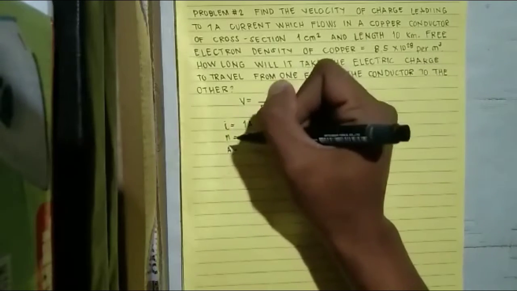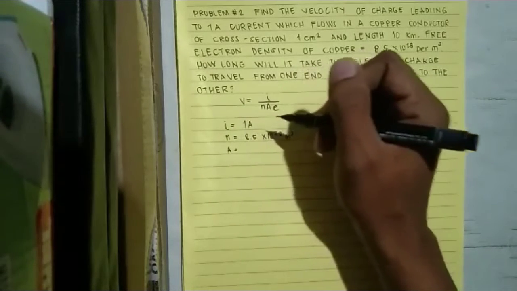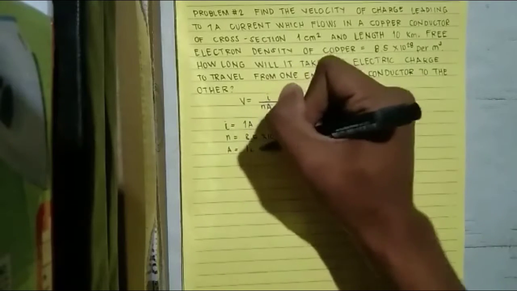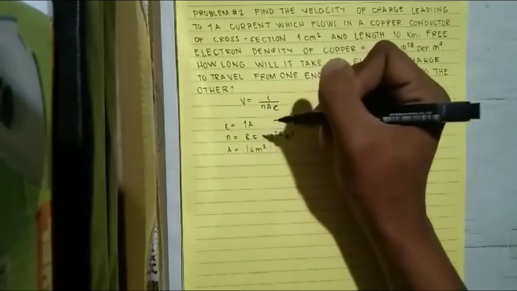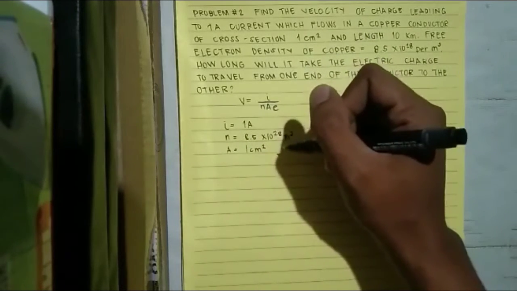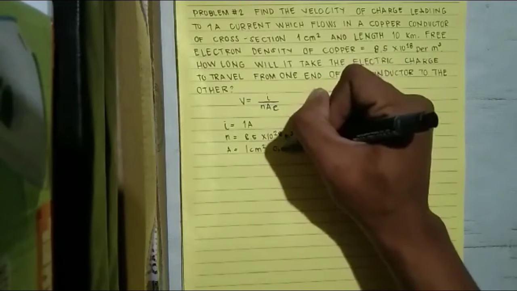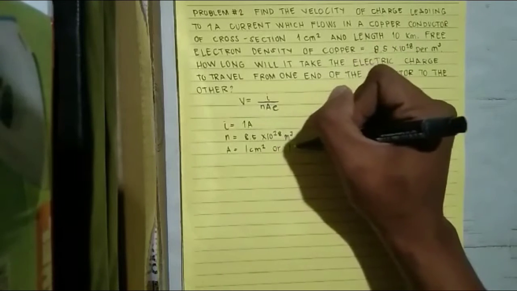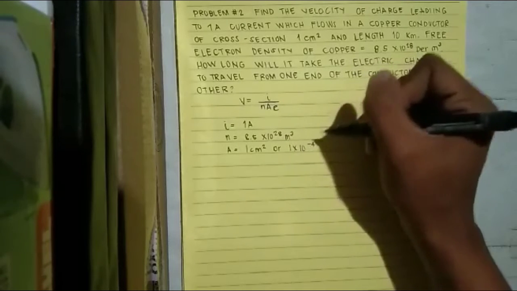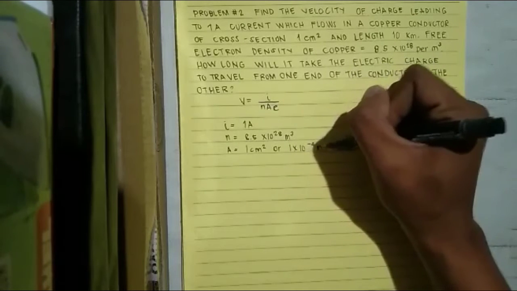A is our cross-sectional area, 1 centimeter squared. Kanina kinonvert na natin ito in meter, kaya magiging 1 times 10 raised to negative 4 meter squared.